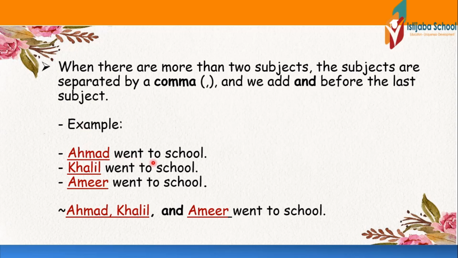Ahmed went to school. Khalil went to school. Amir went to school. So I have three different subjects with the same predicate. What do I write? Ahmed, comma, Khalil, comma, and Amir went to school.